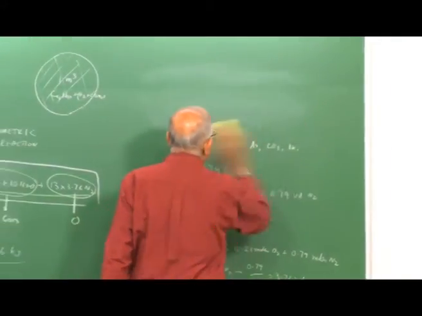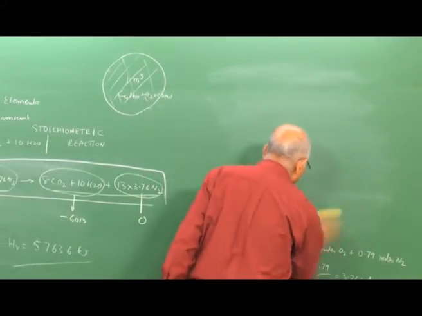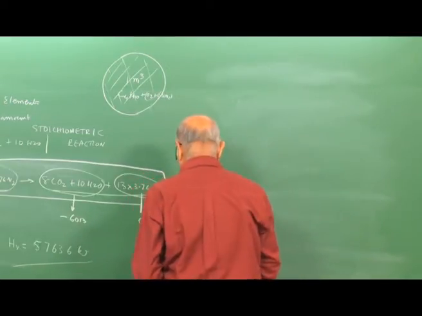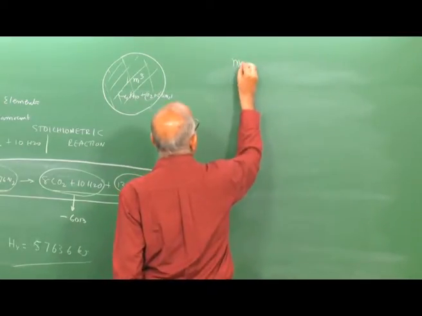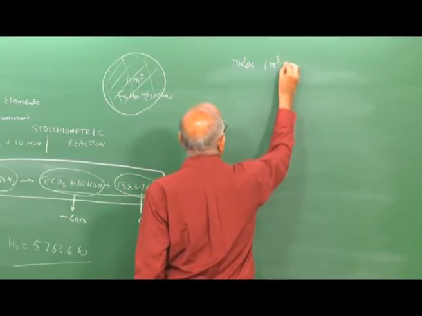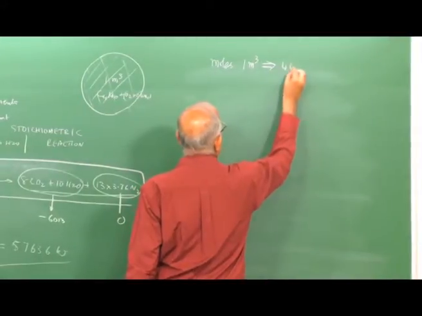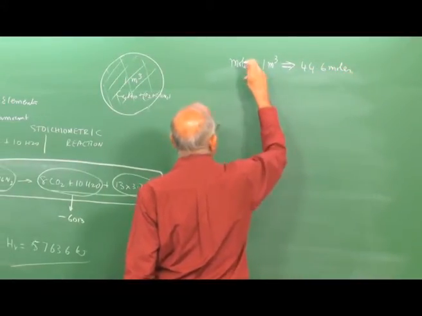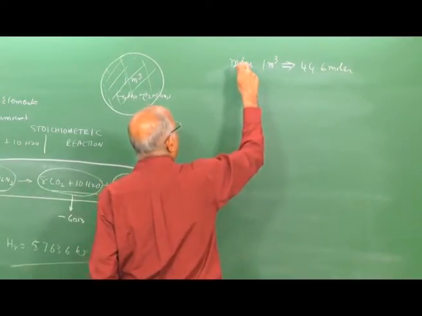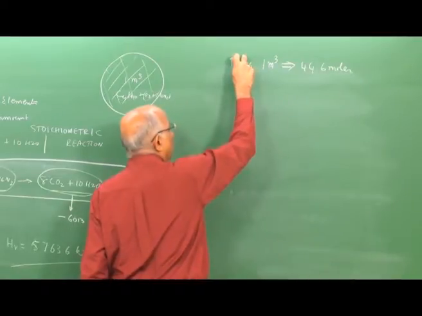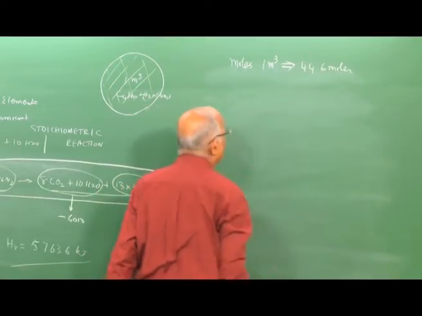For 1 meter cube, the number of moles is the same as earlier. The number of moles of reactant in 1 meter cube is 44.6 moles. You will recall we said that one mole at standard temperature and pressure has a volume of 22.4 liters, and therefore this was the value.